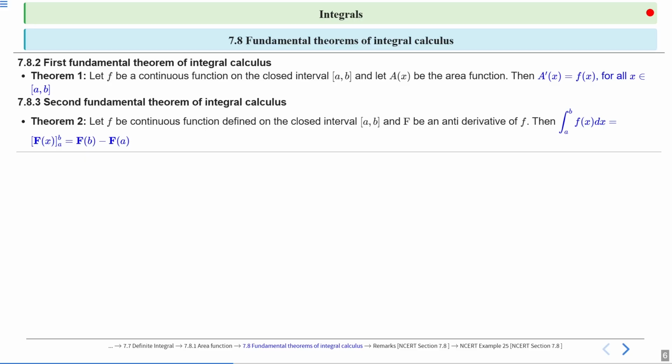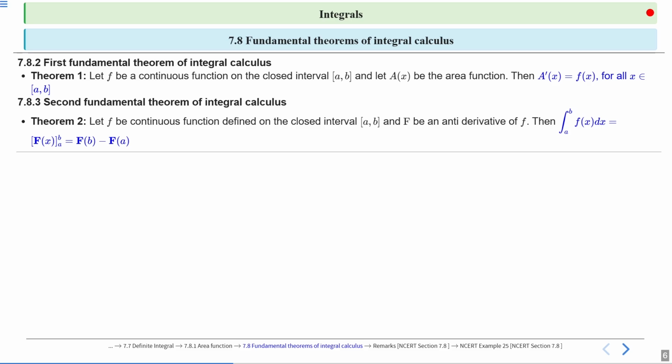To calculate the value of a definite integral, we have to find the antiderivative of f, that is capital F, and then find the value of capital F at the point b, the upper limit, minus the value of the antiderivative at the lower limit a.